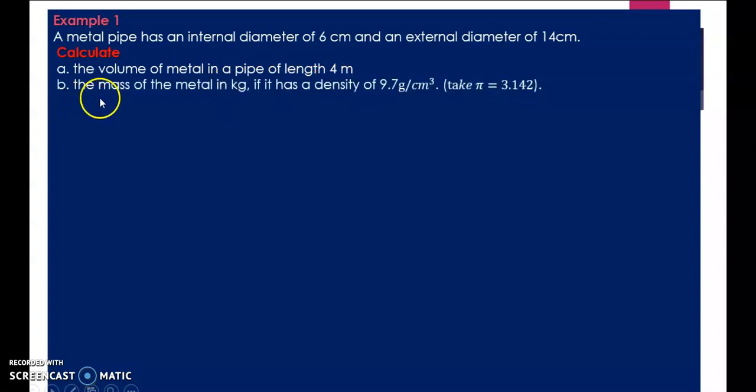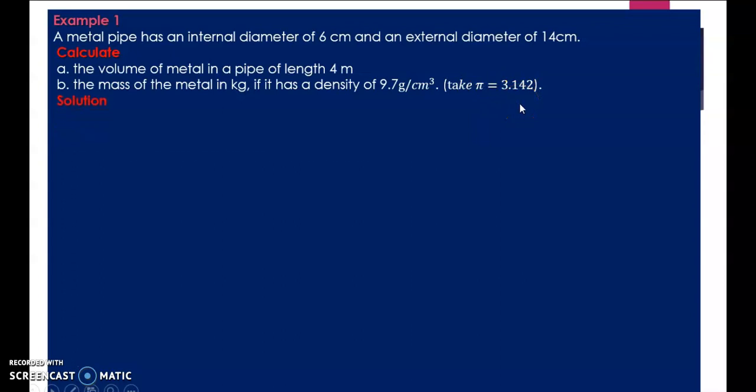B, the mass of the metal in kg if it has a density of 9.7 grams per centimeter cube. Take pi to be equals to 3.142.